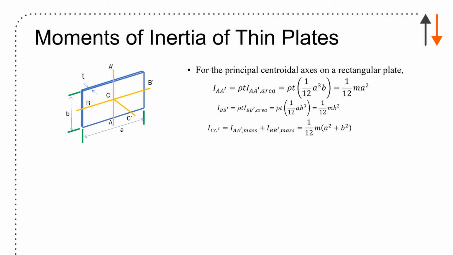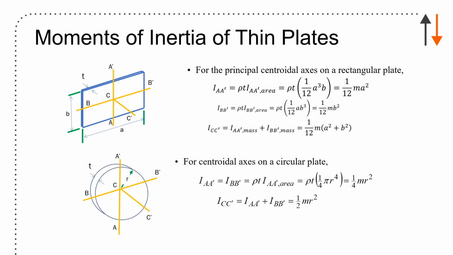I_BB' is going to be 1/12 m b squared, and about C' it's 1/12 m (a squared plus b squared). And you can see that everything depends on the normal distance with respect to that axis, and that's why you have these different results in all three directions.